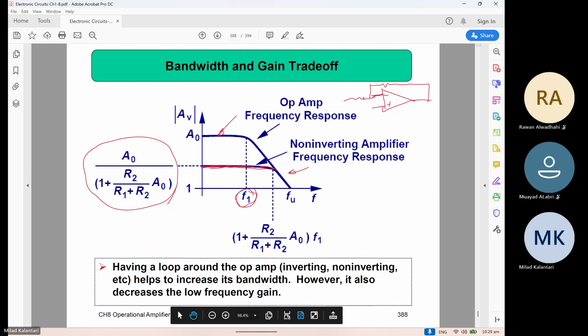So what you will see, in fact, is the gain is lower, but the effective bandwidth of the lower gain is higher. And how much higher? It actually depends on how much you are dropping the gain.